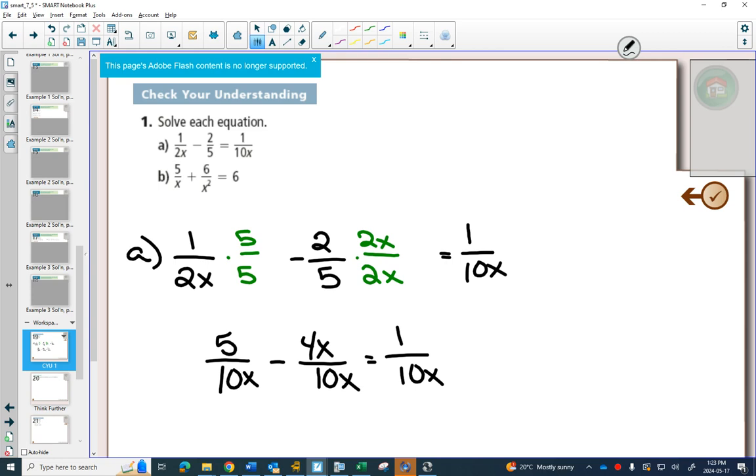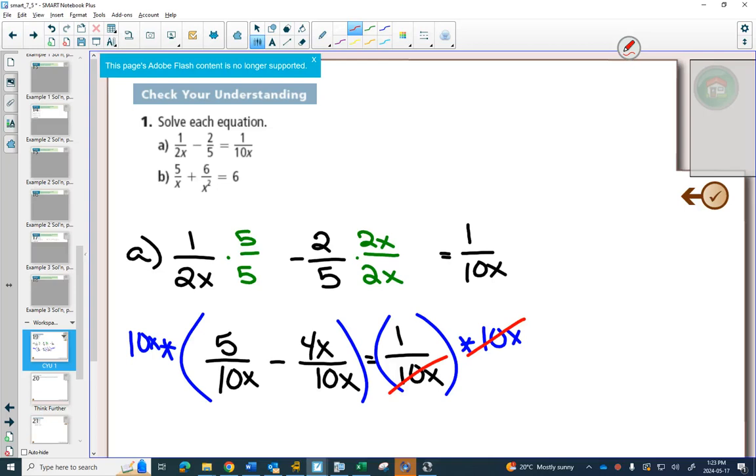And the whole purpose of getting a common denominator in an equation is that what you do to one side of the equation, you do to the other. So now, on this side, I'm going to multiply by 10x, and on this whole side, I'm going to multiply by 10x. What would that do? Well, on the right-hand side, that will just cancel out. On the left-hand side, when you multiply that whole side by 10x, it would get distributed to each one of those.